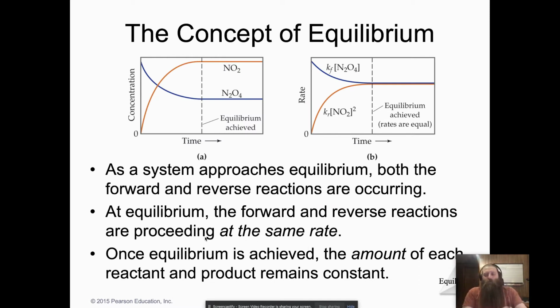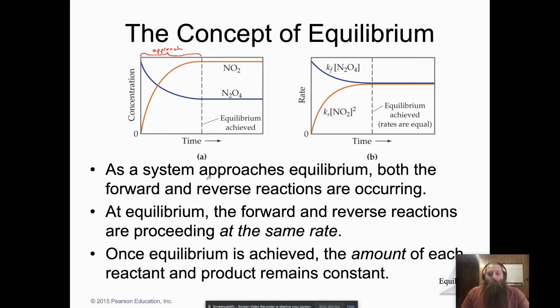Now, when a system is approaching equilibrium, the forward and the reverse reactions are both occurring. This is the region where we are approaching equilibrium. This is the approach. And you can see that as time progresses on the x-axis, the reaction is occurring in both directions.